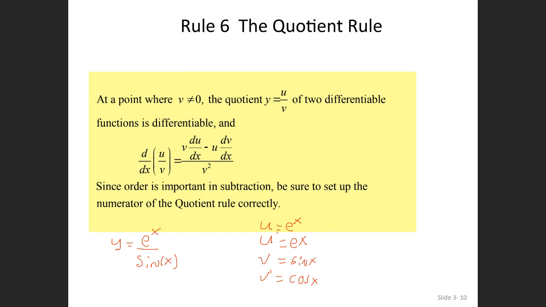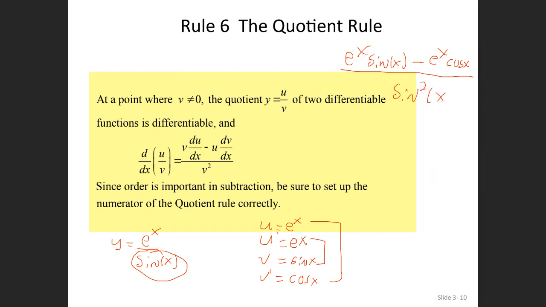Now remember we said inside plus outside. When we're doing the quotient rule, it's inside. So I've got e to the x sine of x minus the outside, e to the x cosine of x, all divided by the original v squared, sine squared of x.